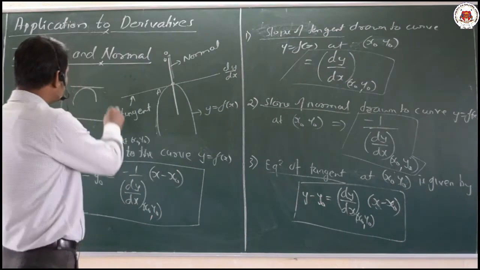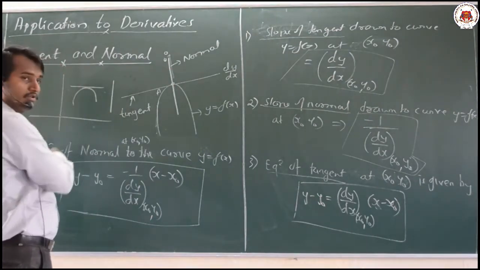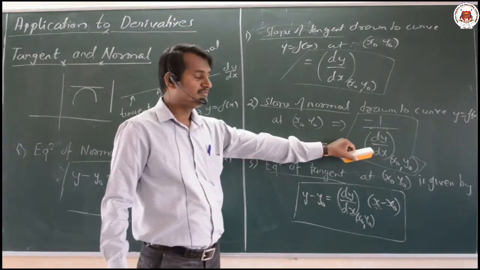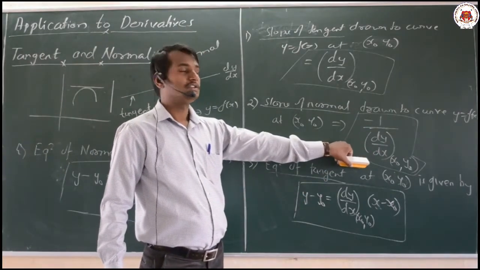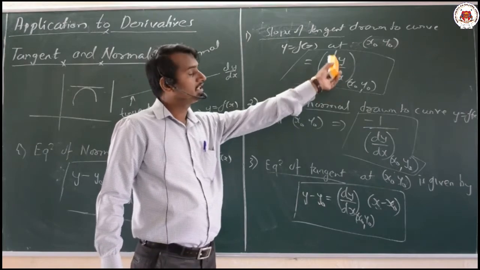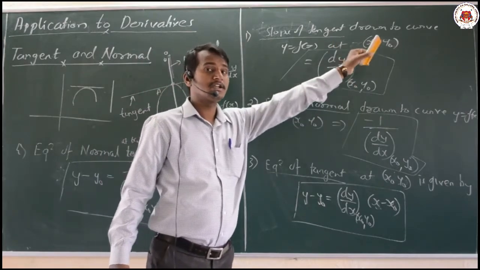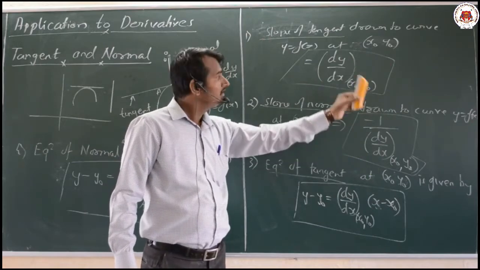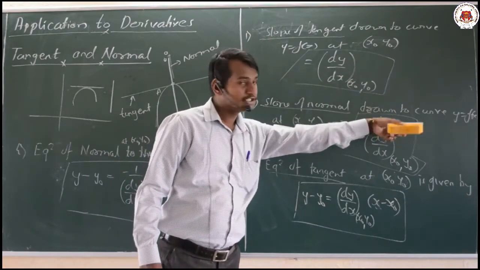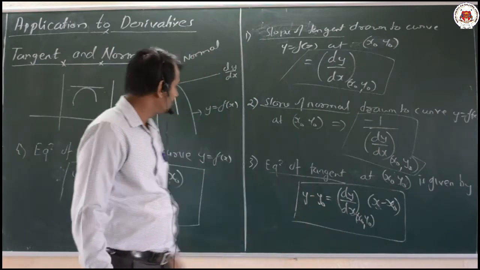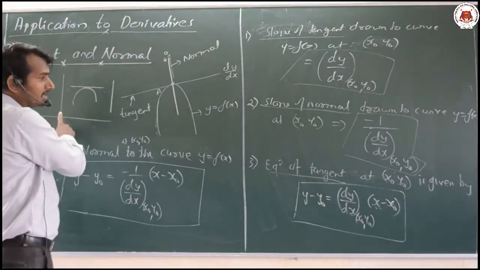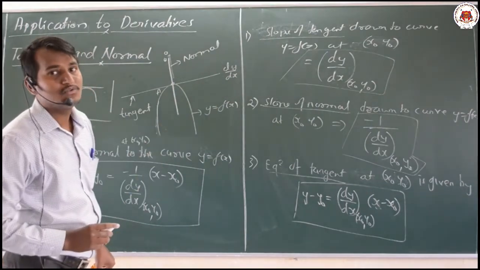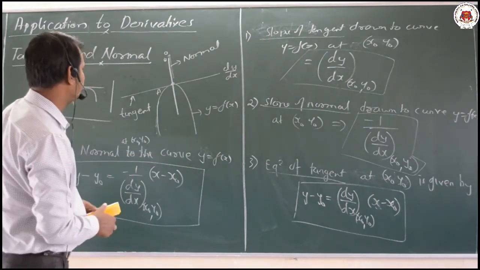If the tangent is parallel to the y-axis, or perpendicular to the x-axis, then the slope tends to infinity. Then 1 divided by dy by dx tends to 0, so the slope of the normal will be equal to 0.